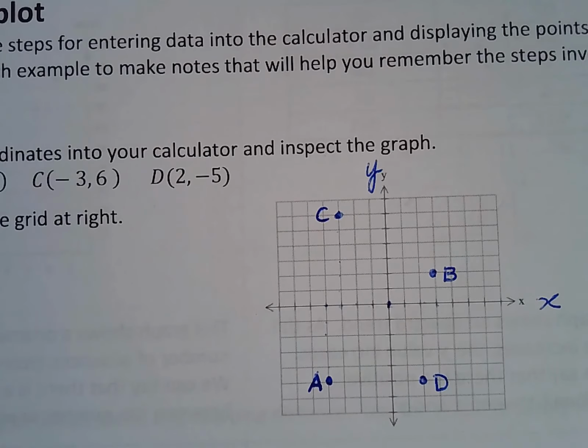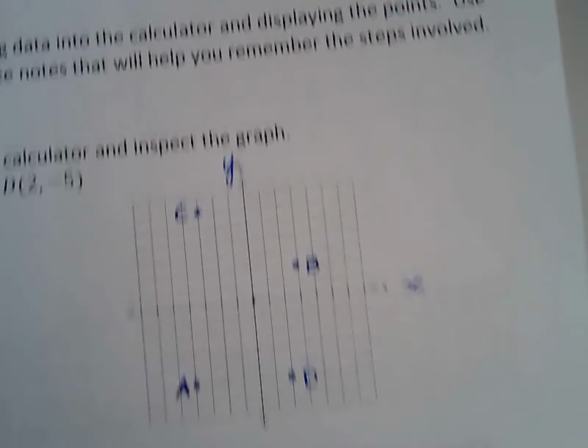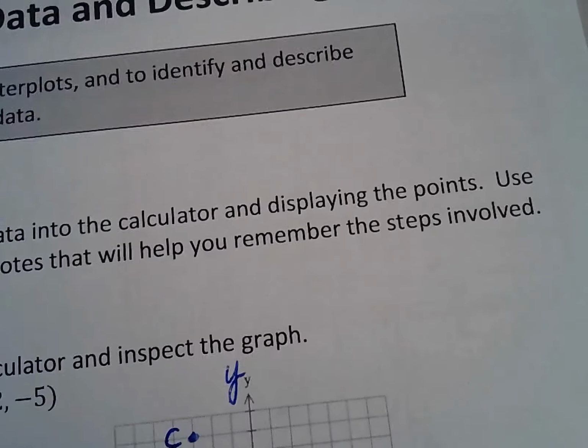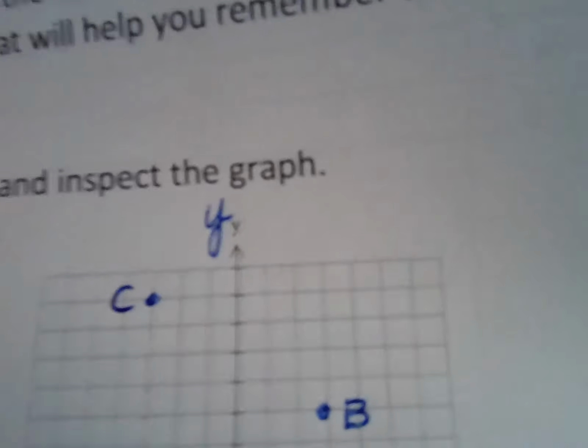Now, if I go like this, very, very blurry. What quadrant do you see? Quadrant 1. I can't make it any closer. I can only see quadrant 1, right? So I can zoom it in.